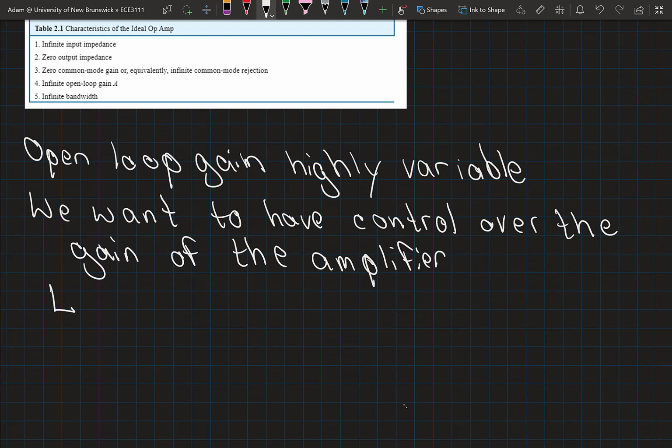Okay, so in order to set this gain of an op-amp, we use what's known as negative feedback.